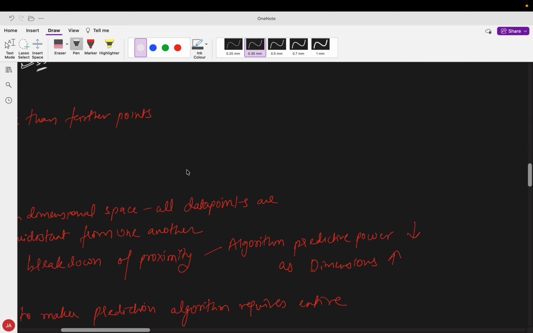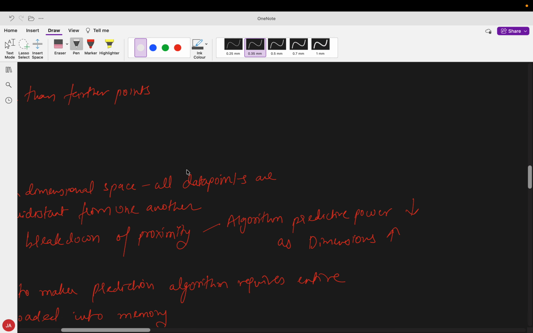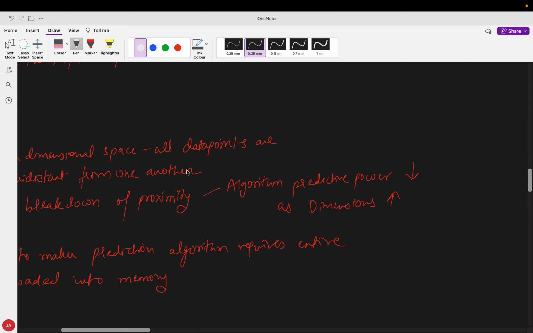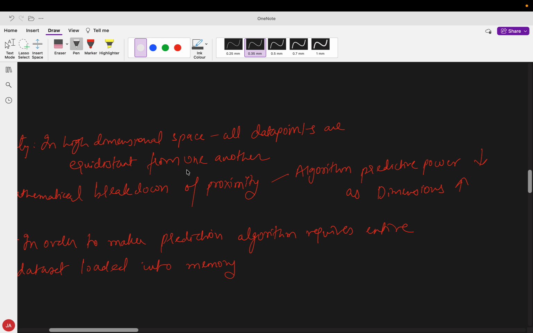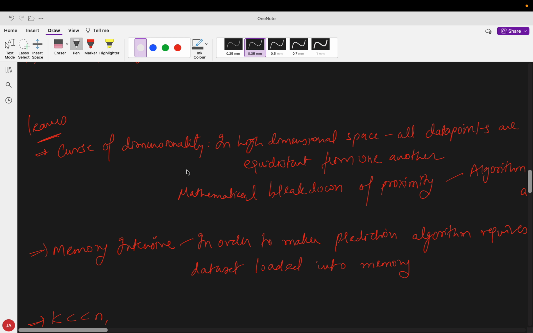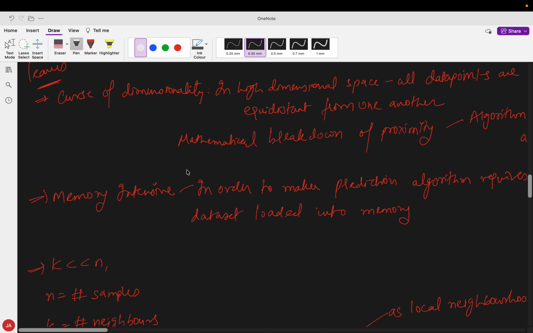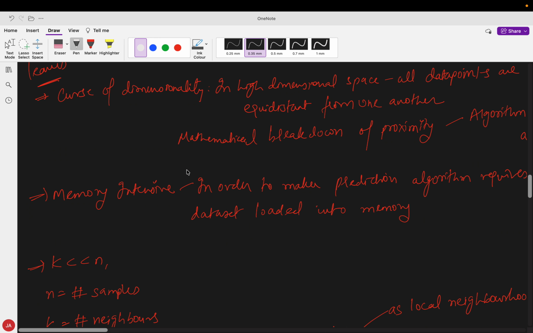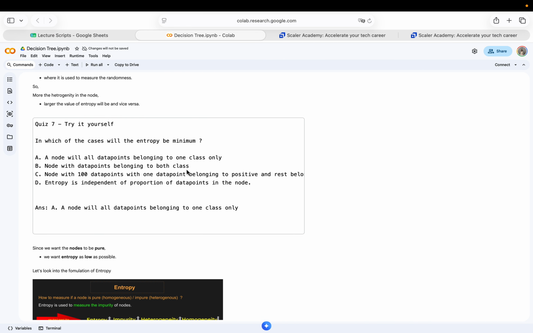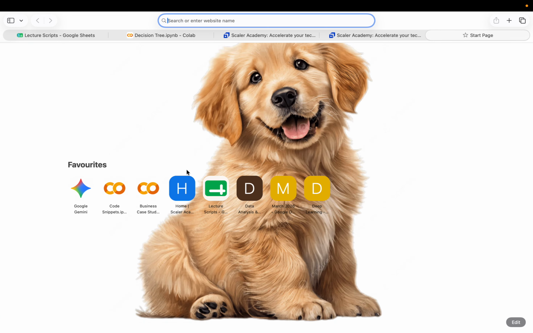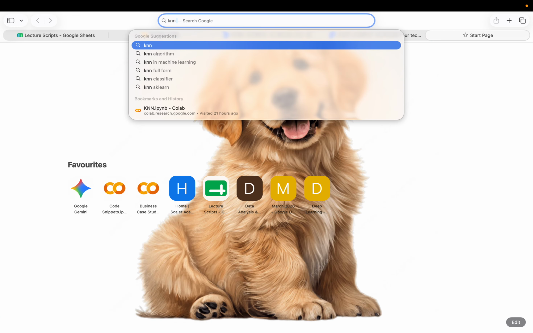Every point is equally far away. So the algorithm's predictive power decreases as dimension increases, because the proximity goes away, right? But at what number? There is no standard number.